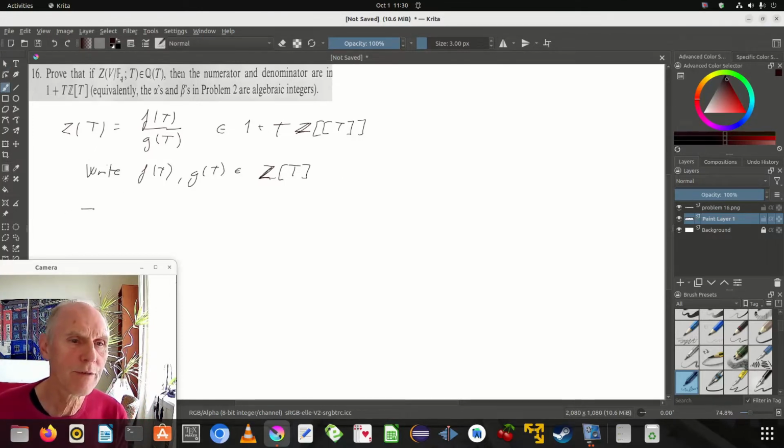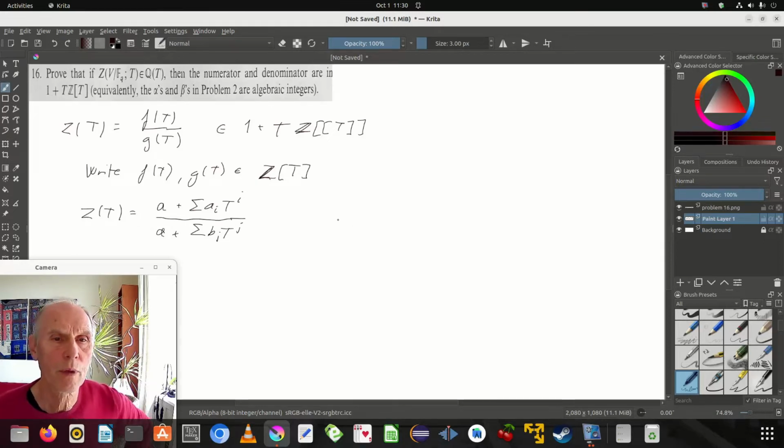So that means we have zeta of t equals a plus sigma, and that must be a as well. All of these being integers.